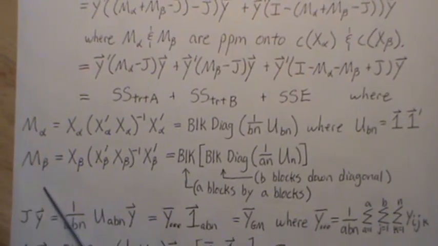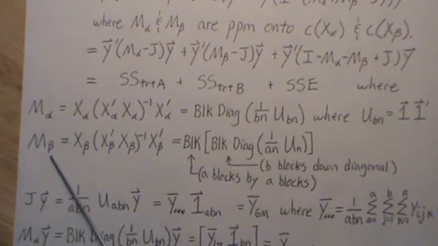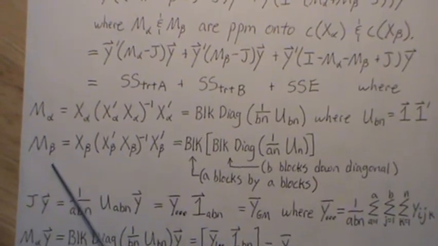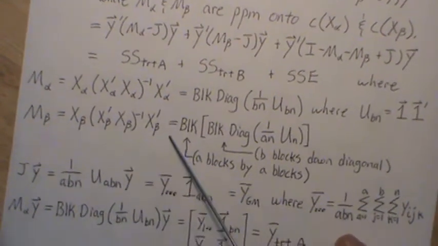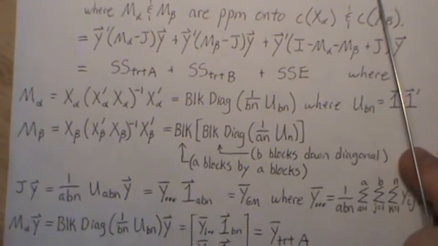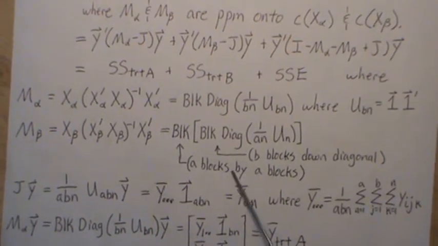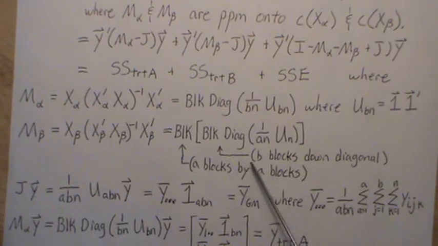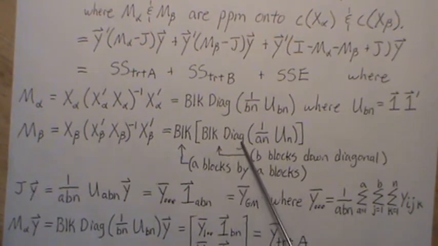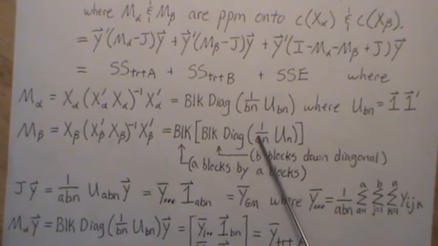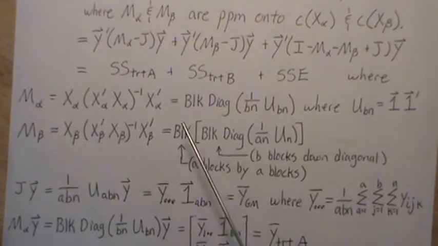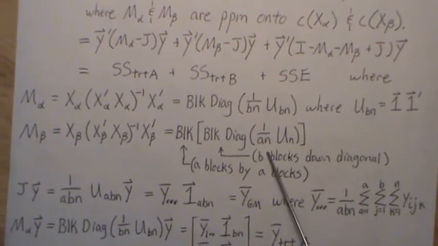Now the perpendicular projection matrix onto the column space of X beta is defined like this, and it is this. And even though I tell you what it is, I write it out so you understand it. So it's a block diagonal of 1 over an, but then it's a block diagonal.